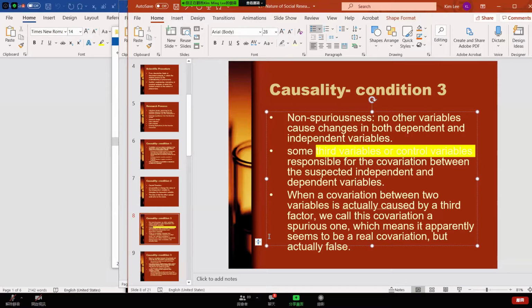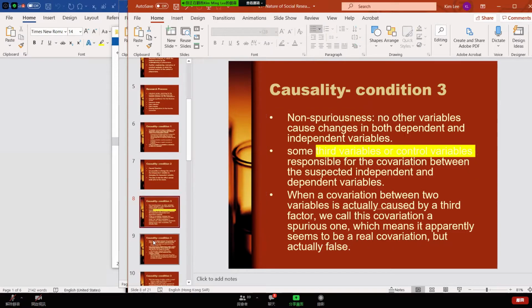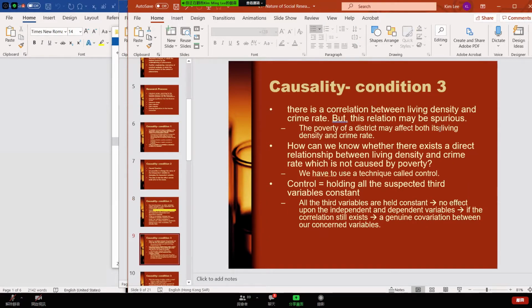So this is the importance of doing a literature review. That is causality condition 3. I give you another example, but I won't explain it here because I don't have much time. You can see it by yourself. I wrote it in a very comprehensive handout, so you can consult my handout.